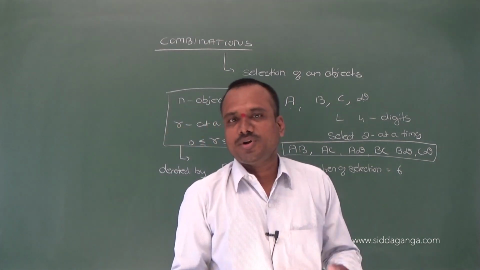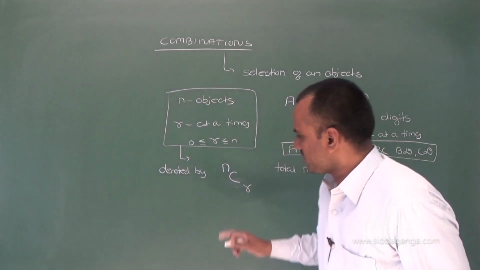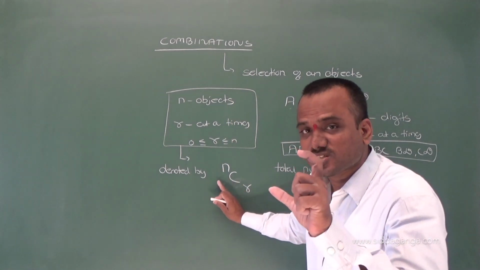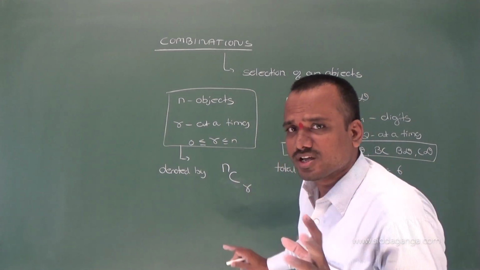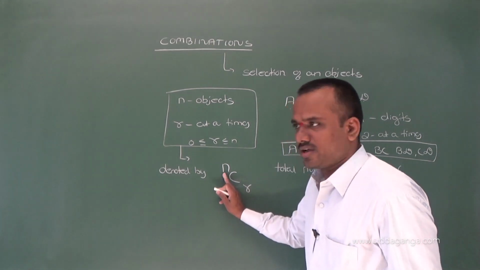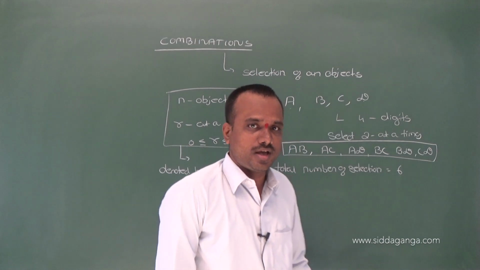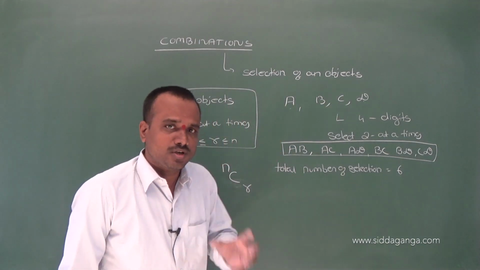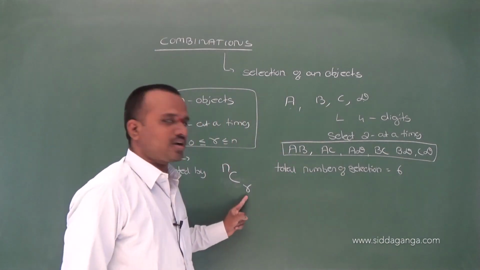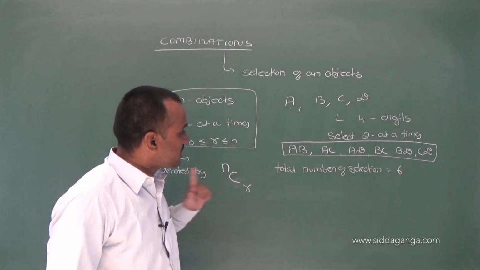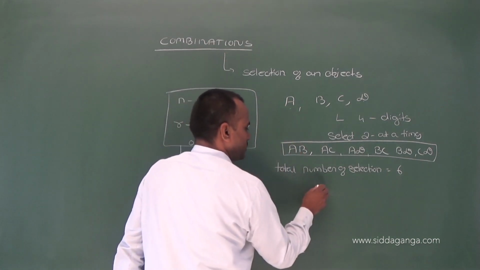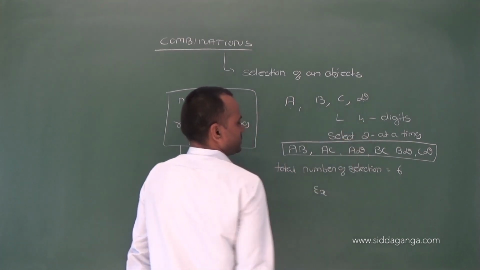What do we denote in the permutation? nPr. Same way, combination, selection of objects taken some at a time or all at a time, is denoted by nCr. N number of objects, we have to select r at a time, is denoted by nCr.